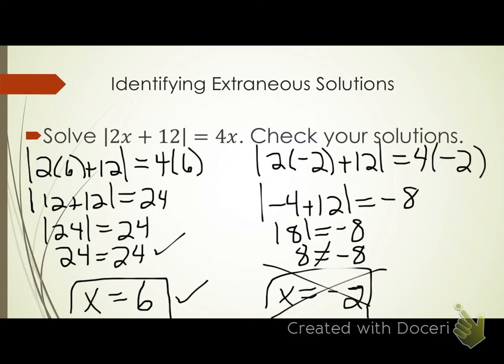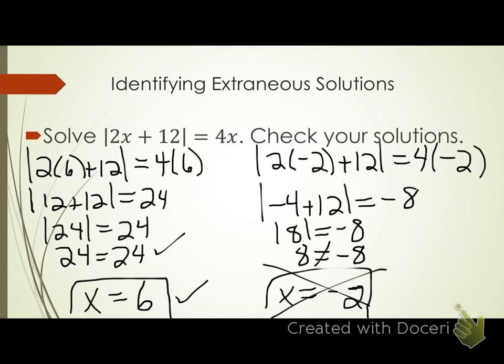For the left side I plugged in 6, and here I plug in negative 2, and I'm just working down both sides. I'm not trying to solve my absolute value equation because I already solved it. I'm just checking my work now. Does that make sense?